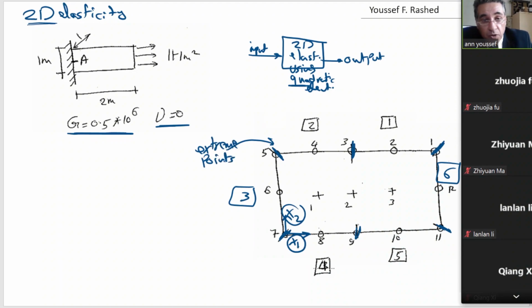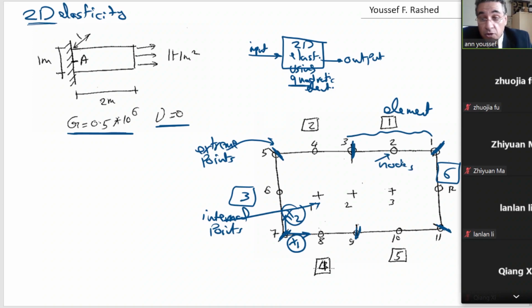We define the other points as internal points. This one is an element or boundary element, and these are nodes. Somehow we are going to discuss how to place the input.